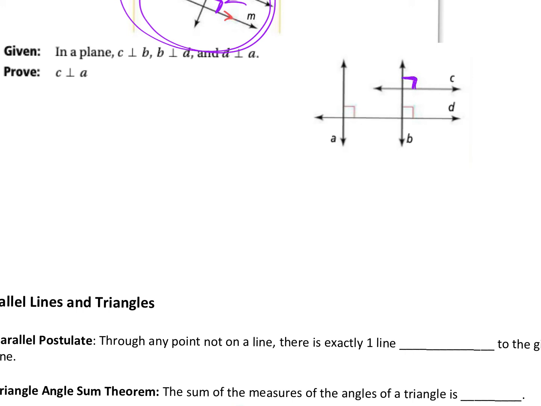B is perpendicular to D. And D is perpendicular to A. They want you to prove that C, this line here, will be perpendicular to A, this line here. So notice they're not touching in the picture, but lines go on forever. So they're saying if this kept going, prove to me that this angle right here is 90 degrees. It's a very short proof. Are you ready?